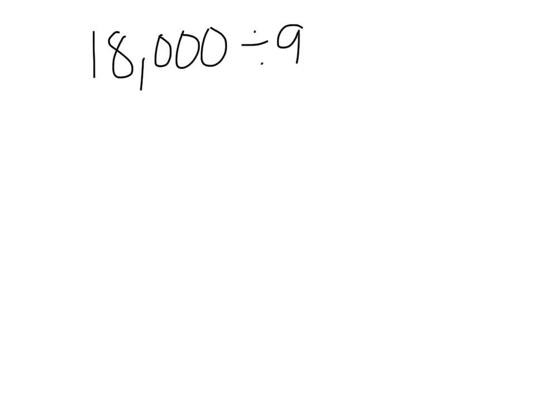Let's try another way of thinking about that. So our original problem was 18,000 divided by 90. And we're trying to find what our answer is right here. Even though we know the answer, let's work through a pattern. The basic fact that we knew was 18 divided by 9. So we know that 18 divided by 9 is 2. Now, if we focus on what we know about tens, we're going to move through a process and see a pattern.